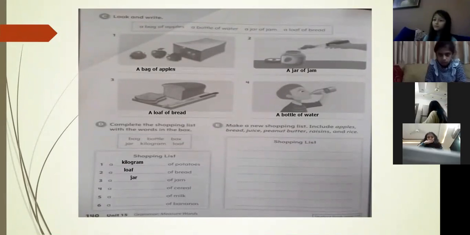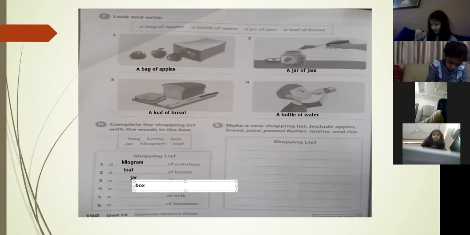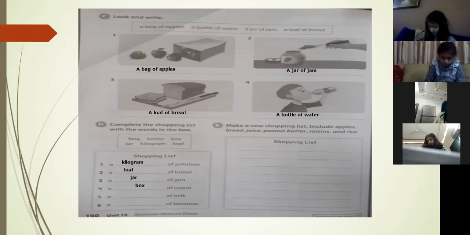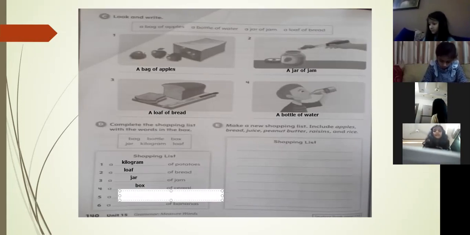A bag of cereal or a box of cereal? What do you say? Box of cereal, I guess. Yes, a box of cereal. Just mute yourself. A dash of milk. A bottle of milk. Okay?